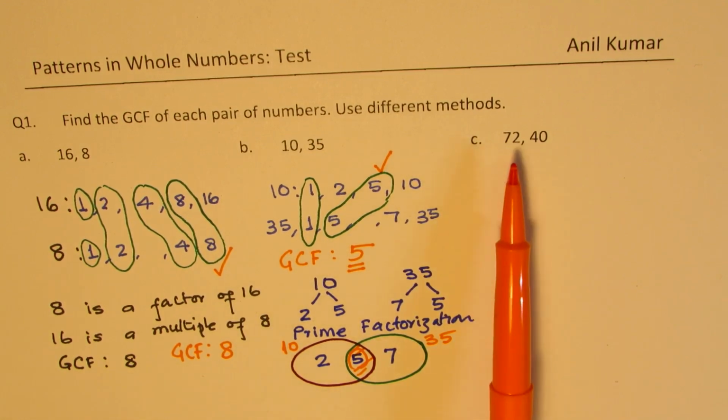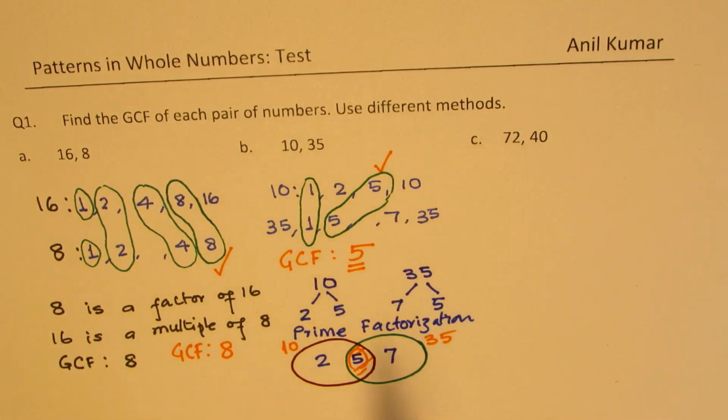For bigger numbers like 72 and 40, this is a very good technique. For smaller numbers, you can list all the factors and match. Perfect. So you can follow any of these techniques. I'd like you to now pause the video and apply the best suitable technique for part C, where we are looking into numbers 72 and 40.